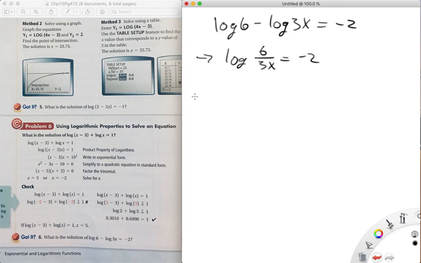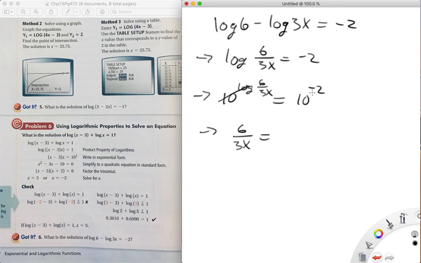Once I do that, I'm going to raise both sides to the 10. So 10 to the log of 6 over 3x and 10 to the negative 2 on the other side. And remember, log in base 10 cancels out, so I'll have 6 over 3x over here.